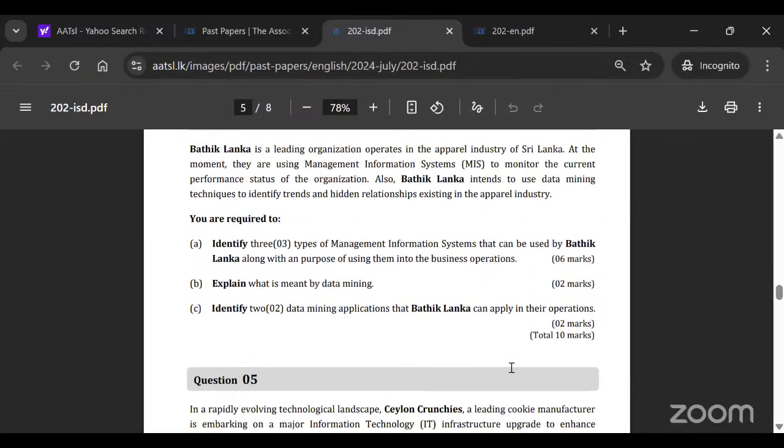Identify three types of management information system that can be used by Batik Lanka along with the purpose used in the business operations. Explain what is meant by data mining. Identify two data mining applications that Batik Lanka can apply in their operations. Batik Lanka is a separate case study.